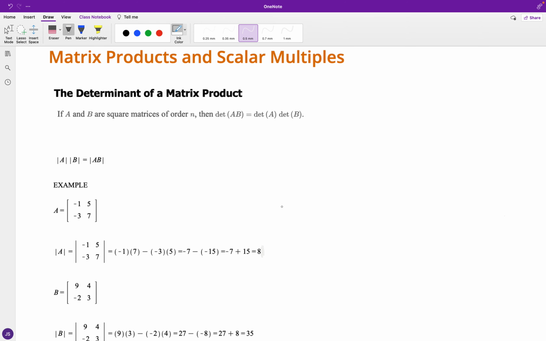In the follow through, we got the products at -7 and -15, and -7 minus -15 translates to -7 plus 15, which comes out to 8. So the value of the determinant of matrix A is equal to 8.